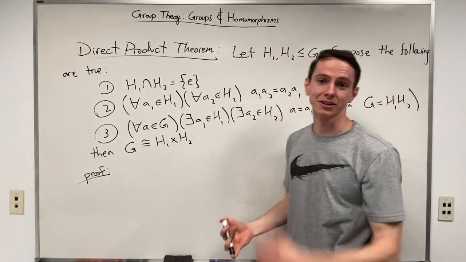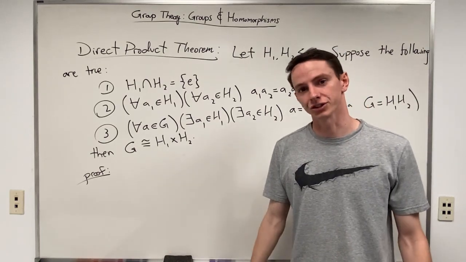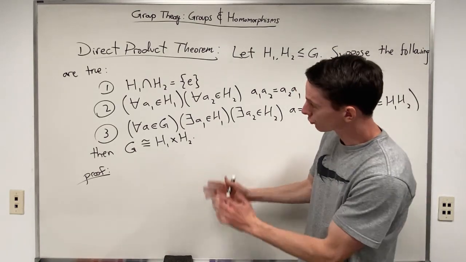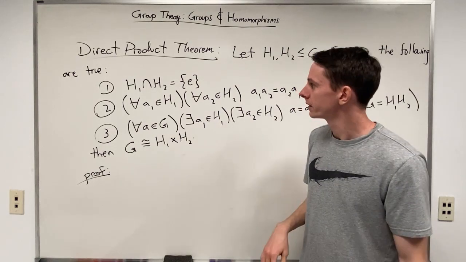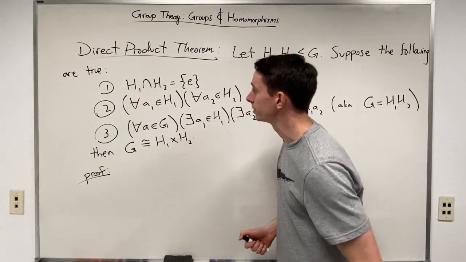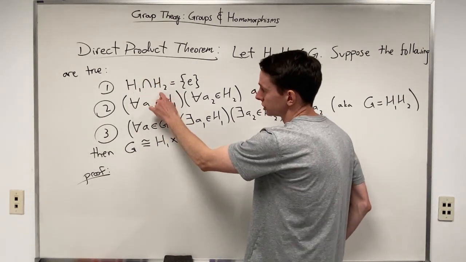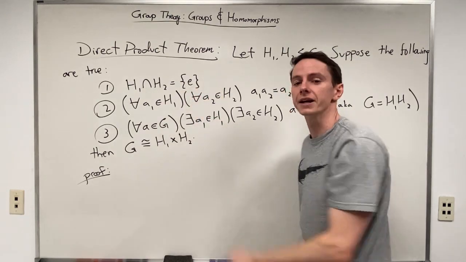And what we really did in the last couple whiteboards was just prove a specific version of this more general case. But what are the three conditions that need to be satisfied? Well, the first is that the intersection, because these are inherently sets, the intersection between H1 and H2, between the two subgroups, is only the identity.